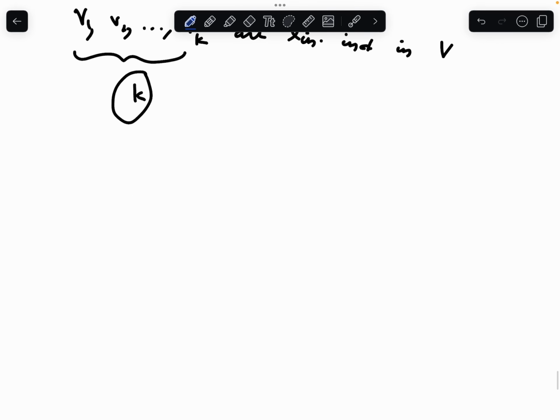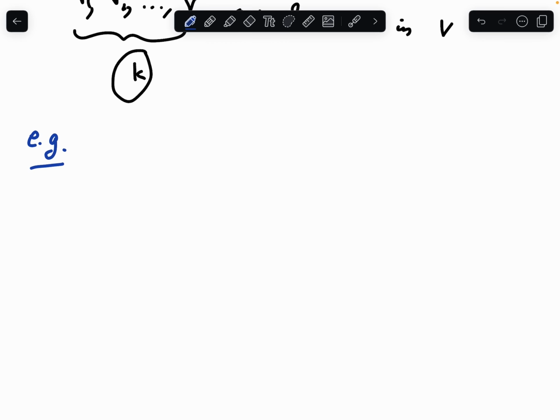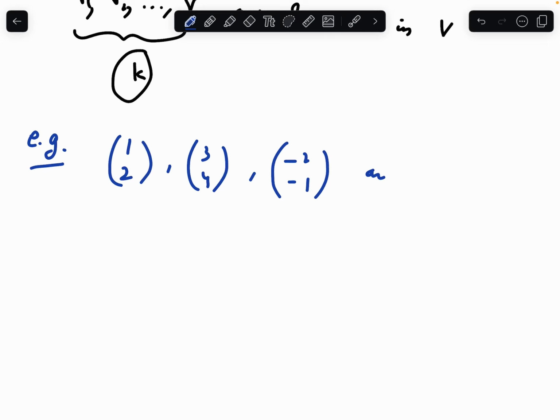Let's take a look at an example. Say 1, 2; 3, 4; minus 2, minus 1. So these vectors are linearly dependent or independent in R2?